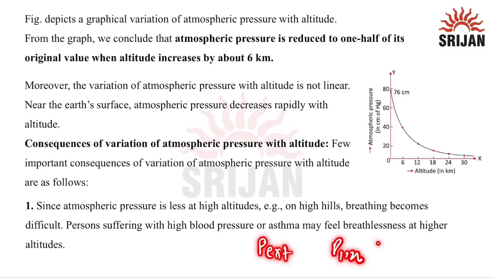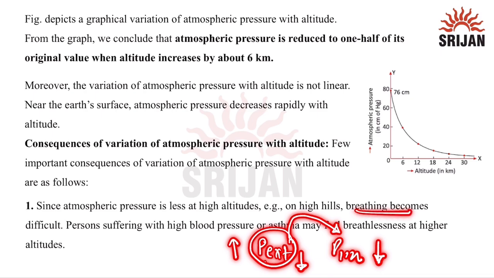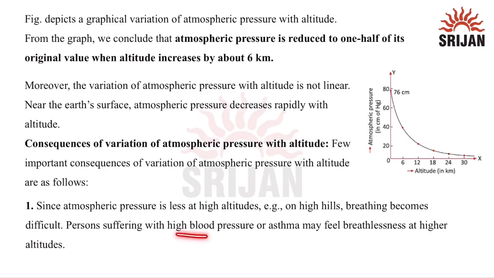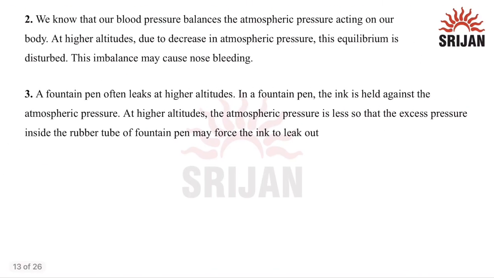When the internal pressure in the lungs is less than the external pressure, air enters our lungs. But at hilly areas or high altitudes, the external pressure is also less, so we find it difficult to breathe. Persons suffering from high blood pressure or asthma may feel breathlessness at higher altitudes for this reason.